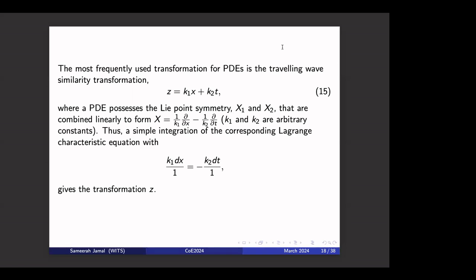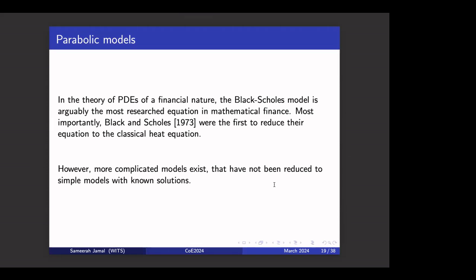If you do admit X1 and X2 from the equation, then you can construct a linear combination, capital X, and set up a characteristic equation like so. Integrating this would give you a transformation Z. So the same transformation would come from integrating this expression. And this is one of the most widely used transformations in applications. So let's get on to some parabolic models.